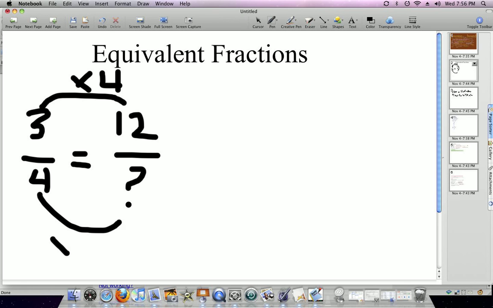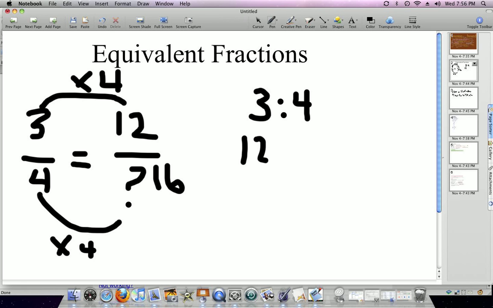I'm going to multiply by 4. And guess what, folks? 4 times 4 is 16. Are these two fractions equivalent? Why, yes, they are. 3 to 4 is the same as 12 to 16.